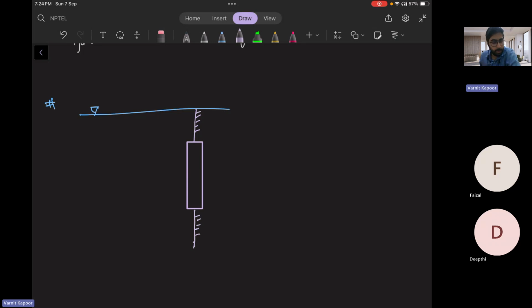Okay. The height is h, as we can say. The center of gravity is here, and center of pressure is here. Okay. So how the pressure diagram will look like for this? How the pressure diagram will look, because it has some hydrostatic depth already.